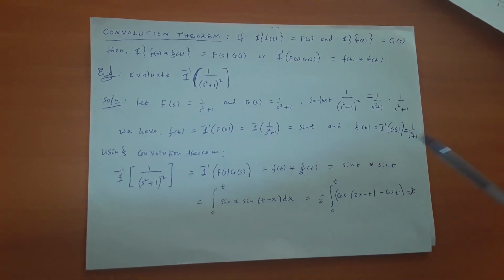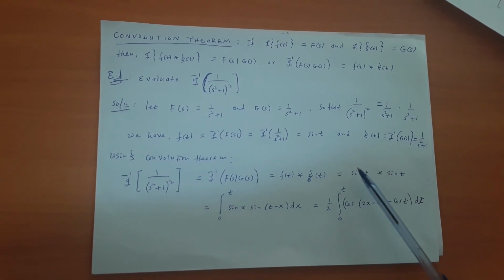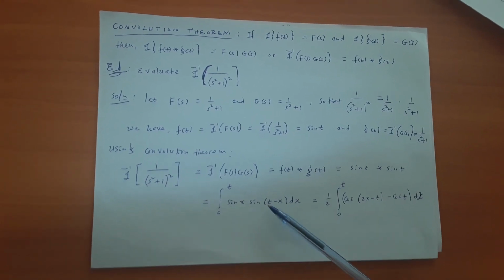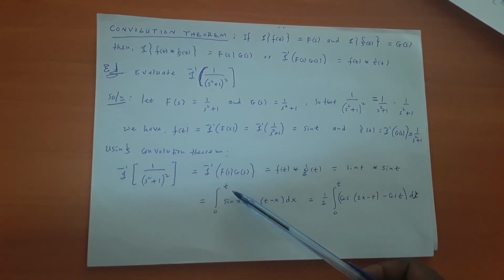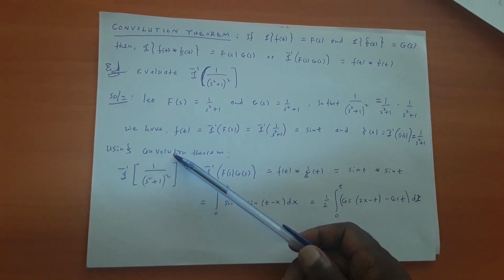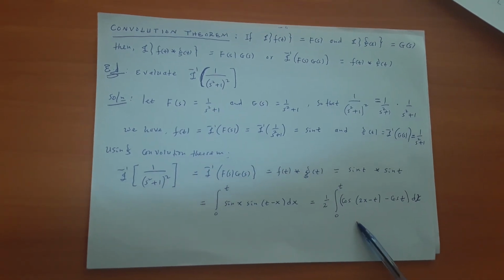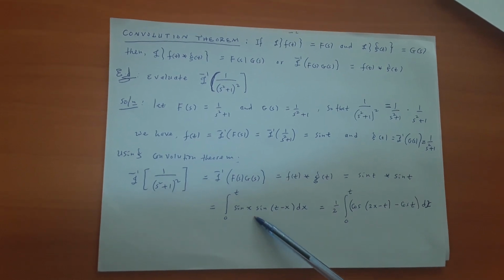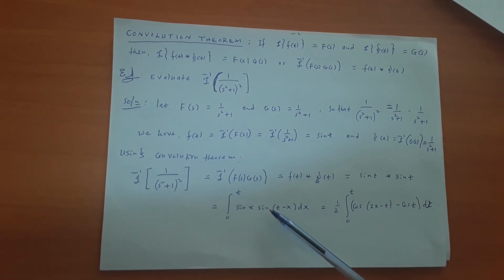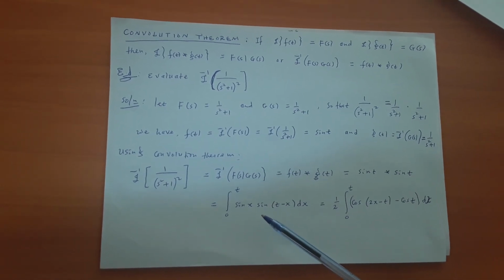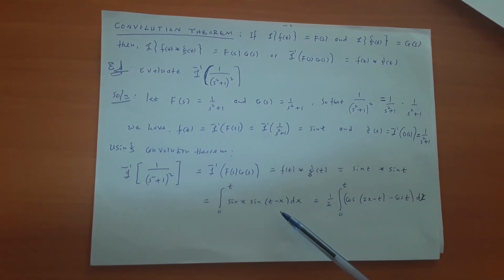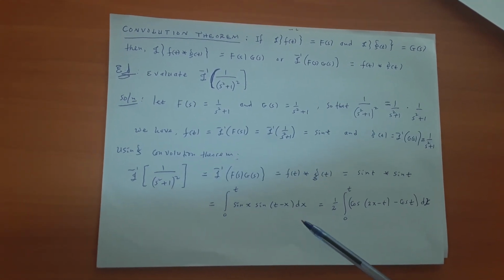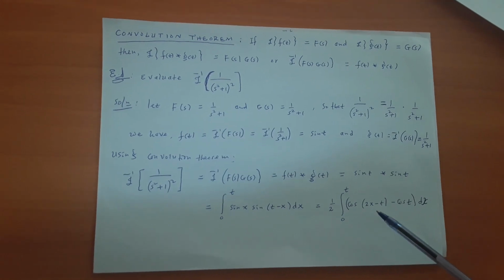We have the same function, it doesn't matter. So sin t convolution with sin t means the integral of sin x sin of t minus x dx. We apply the convolution method. So we have 1 over 2. Again, this comes from the trigonometric identity: sin a sin b means half of cos of a minus b minus cos of a plus b.